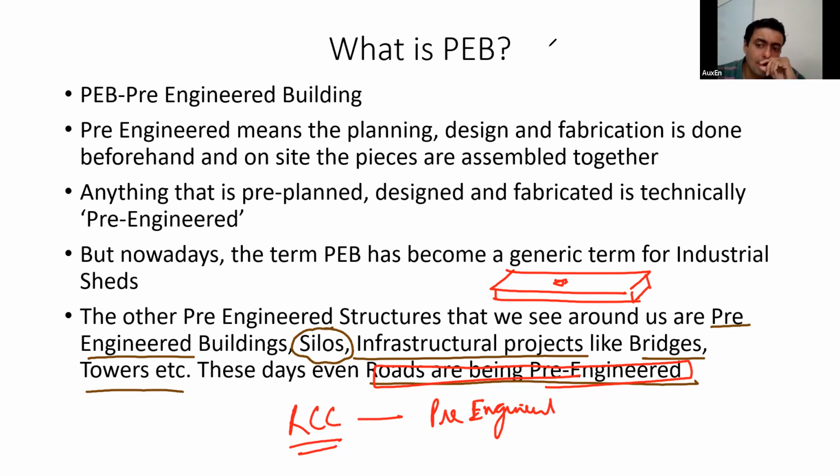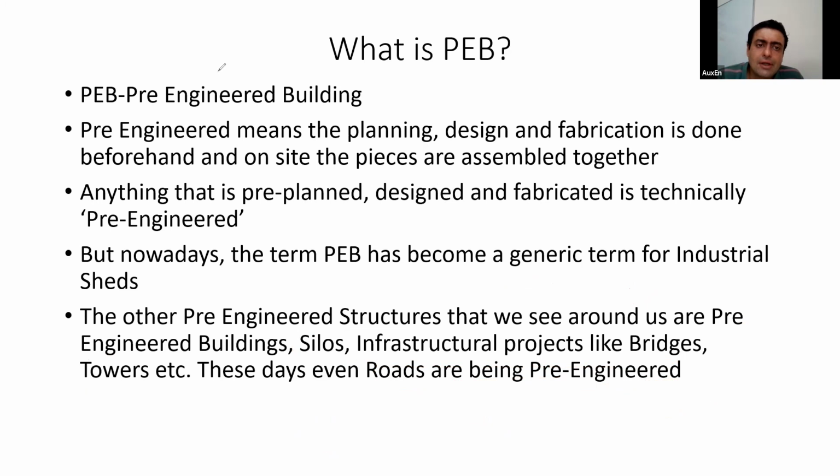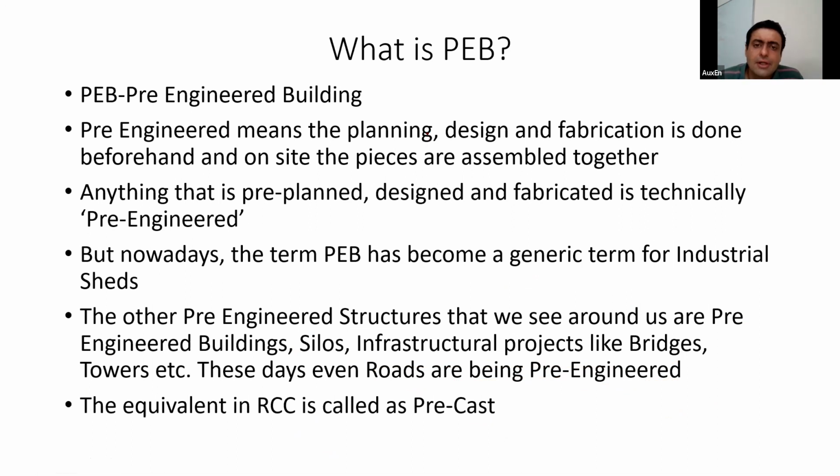So we would call them precast. Yes. All right. So the common terminology used for RCC pre-engineered structures would be precast, but the concept remains same. So the equivalent in RCC is called as precast.